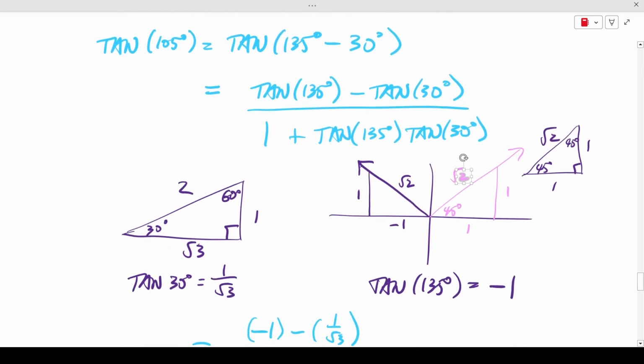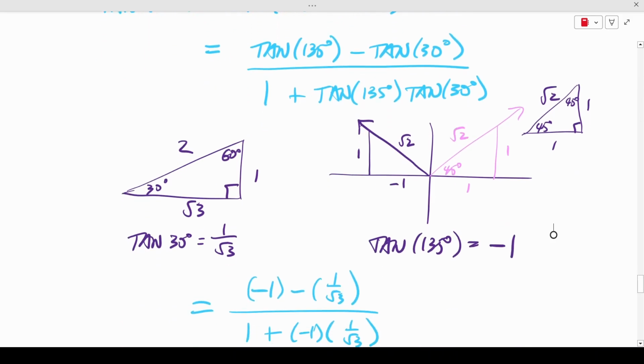Great. Now I've got to evaluate these tangent values using special triangles. So tangent of 30, not so bad. I use a 30, 60, 90 triangle, and I get that tangent is 1 over root 3, opposite over adjacent. Maybe you've memorized it, but if not, you can get it from the special triangle.